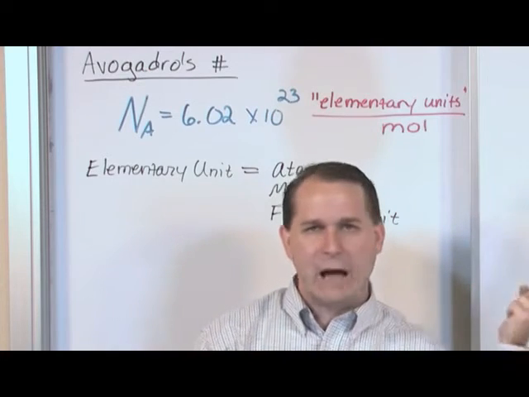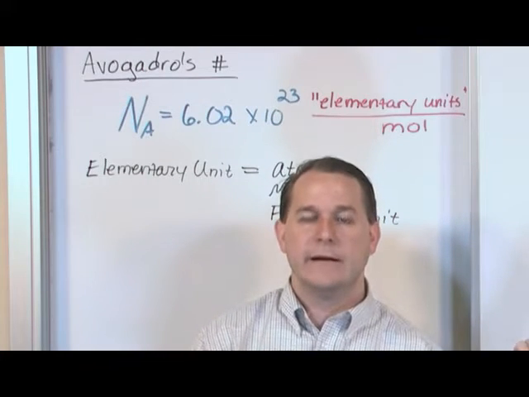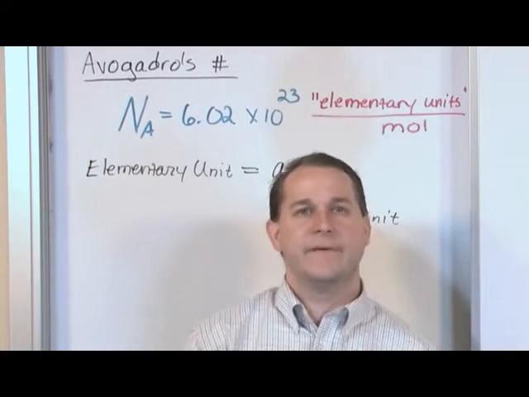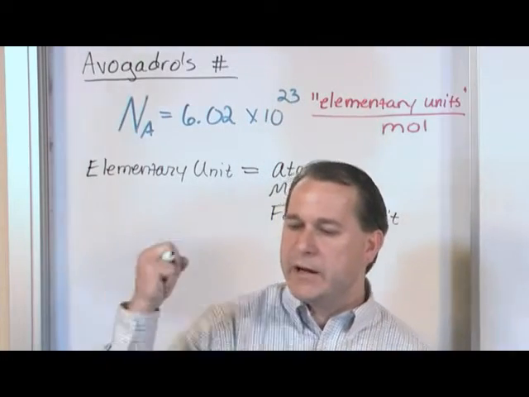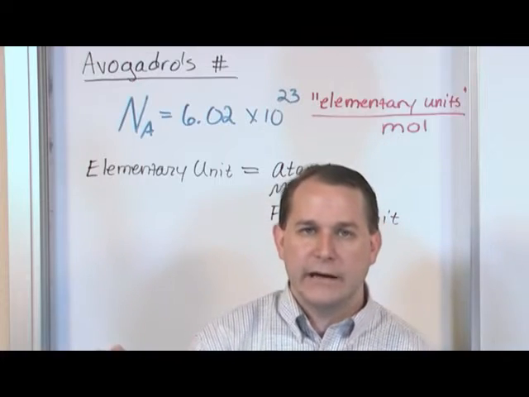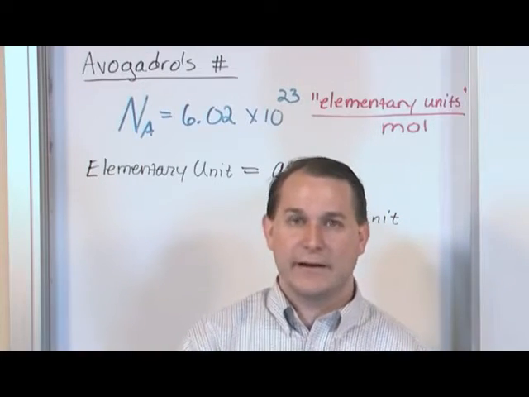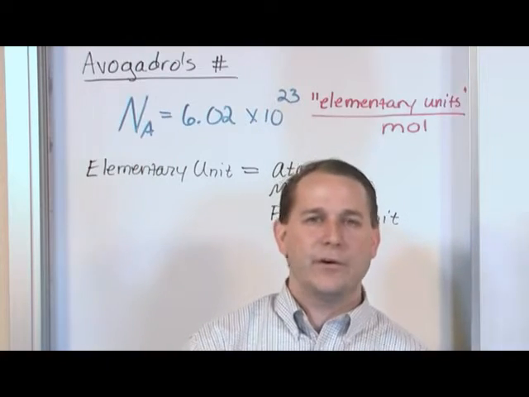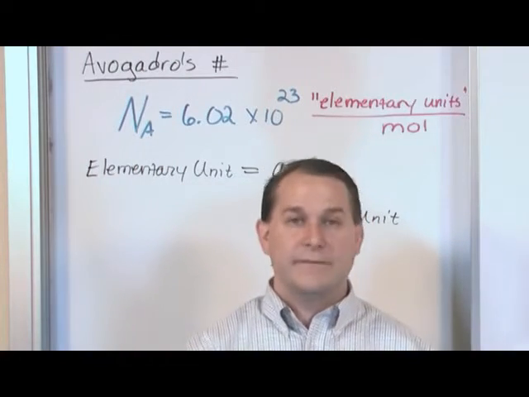If you have a bucket of calcium atoms, pure calcium, then a mole is going to be 6.02 times 10 to the 23rd atoms of that calcium. If you have a tank of nitrous oxide, then if you get a mole of nitrous oxide, it's 6.02 times 10 to the 23rd molecules of nitrous oxide.